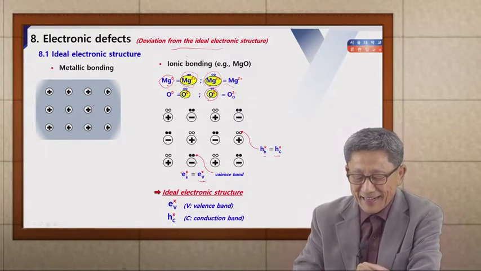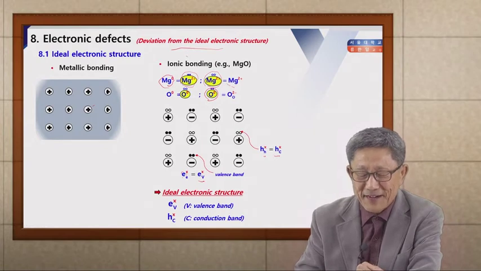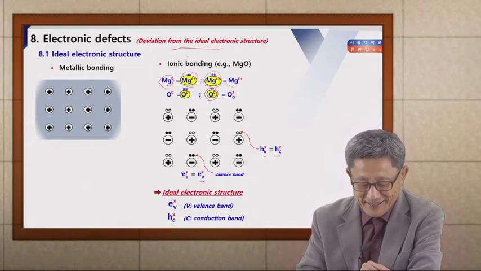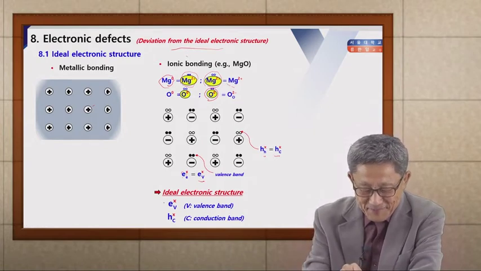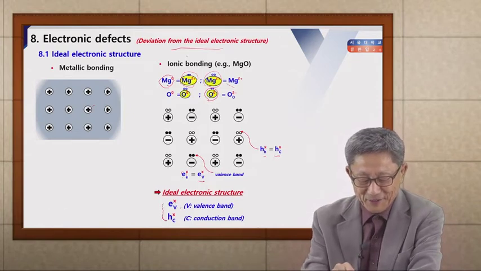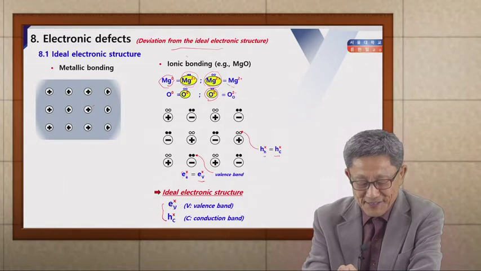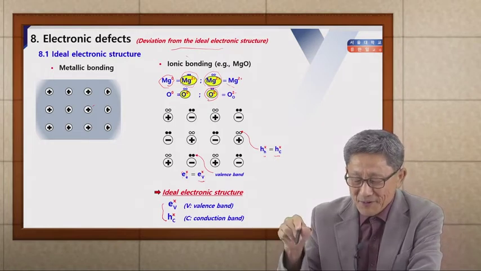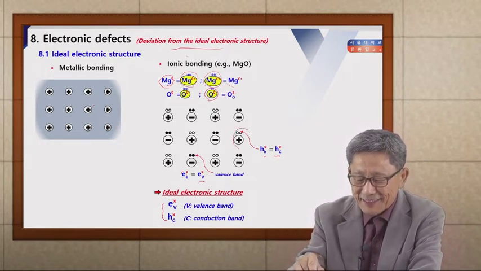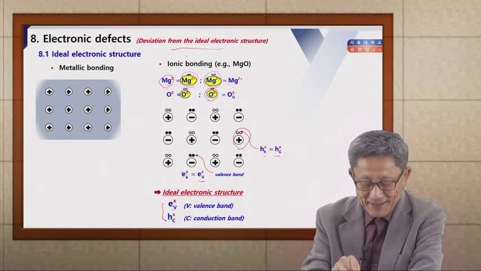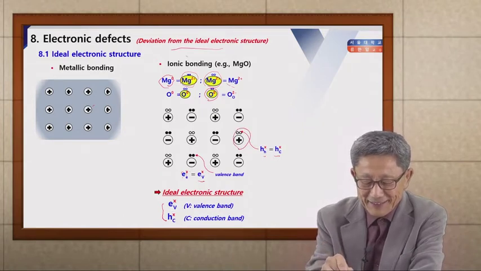So this is the ideal electronic structure as far as the ionic crystal is concerned. So please try to remember these two Kroger notations. For electrons sitting on the valence side with effective charge 0, holes sitting on the conduction band, okay? This conduction band hole looks like this, and electrons on valence band here.